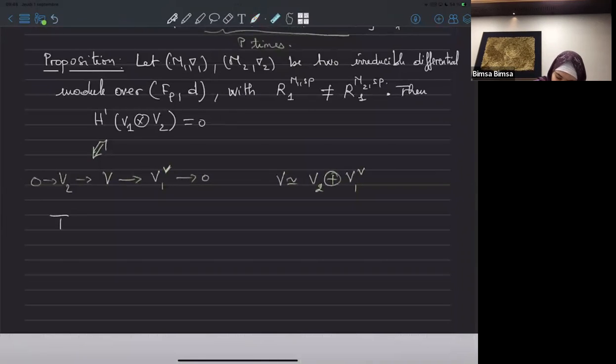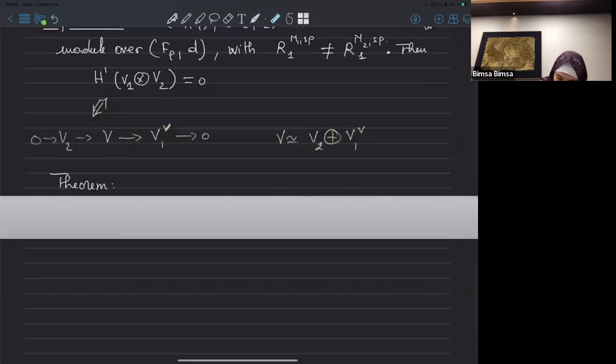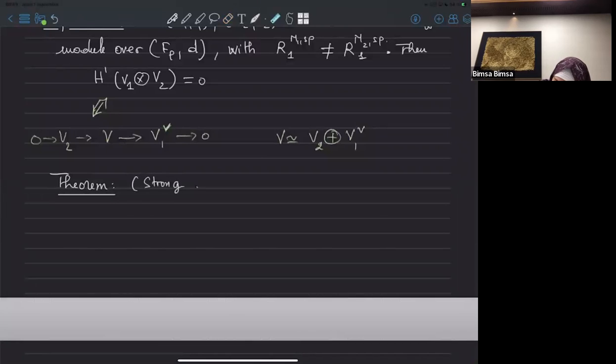Now I can give the statement of the strong decomposition. Then let, and that's why we can decompose using the same idea as we already did before.